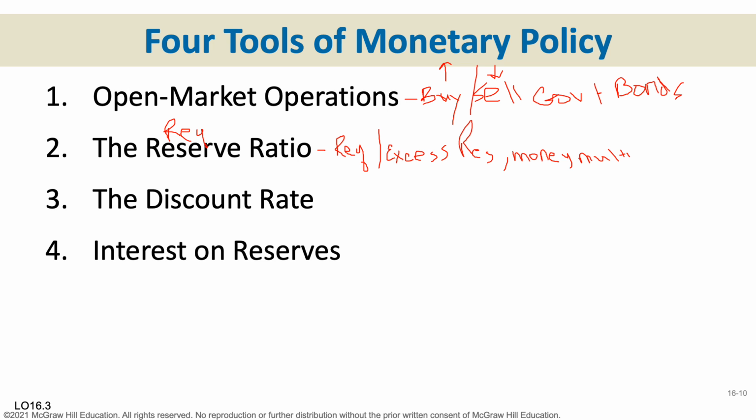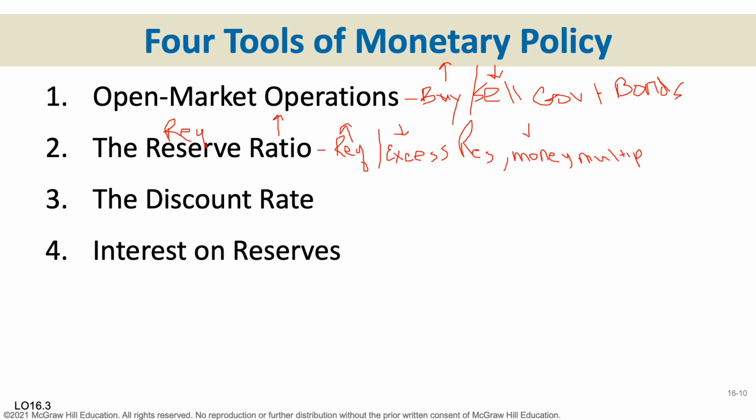So let's think about how that would work. So if the Federal Reserve increases the required reserve ratio, then it's going to increase required reserves, it will decrease excess reserves. Remember, the money multiplier is 1 divided by required reserve ratio, so an inverse relationship.